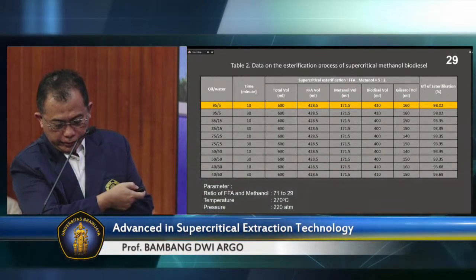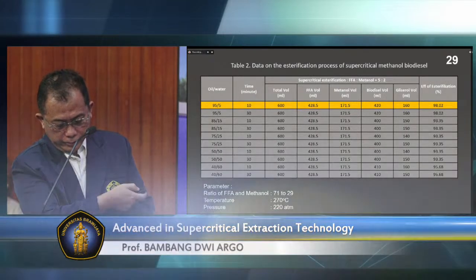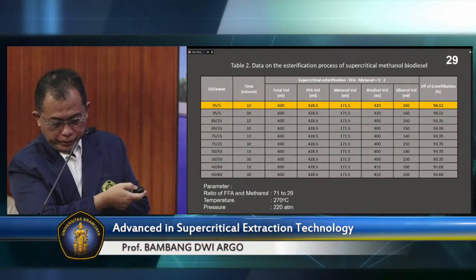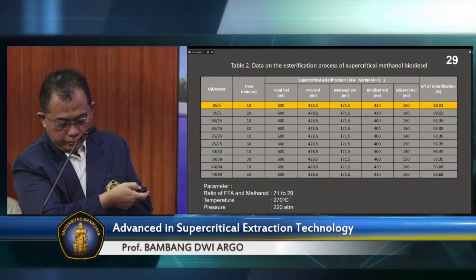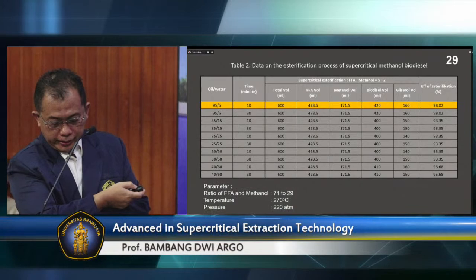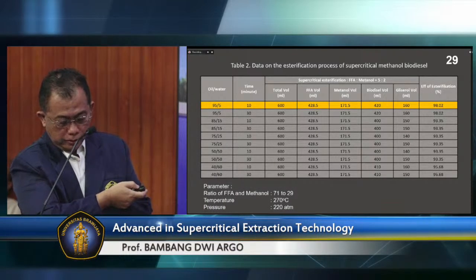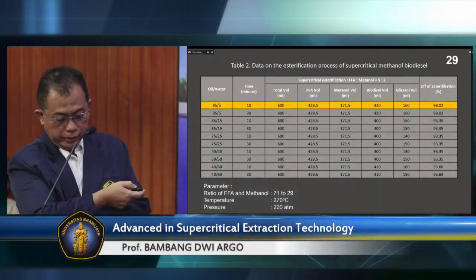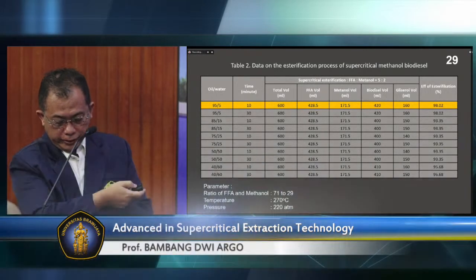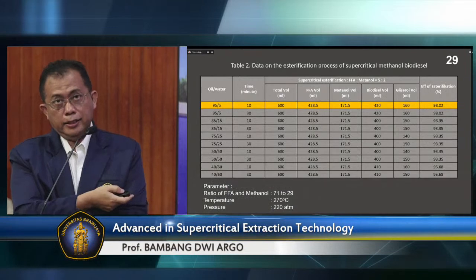In the esterification process, the ratio of FFA and methanol is 71% compared to 21%. And then the esterification process was carried out at the pressure 220 bar and the temperature of 270 degrees Celsius. And the maximum esterification efficiency obtained is 98%.